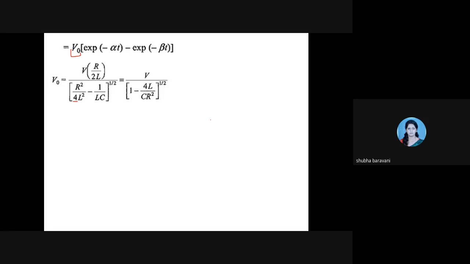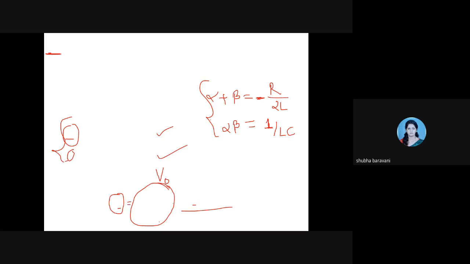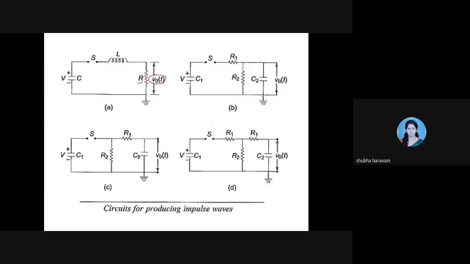Okay then, next topic. Here we checked the circuits used in the laboratories to generate impulse waves, of which I have given you the analysis for circuit A. Now you can see circuit B and D are similar. The only difference is an extra resistance R1.